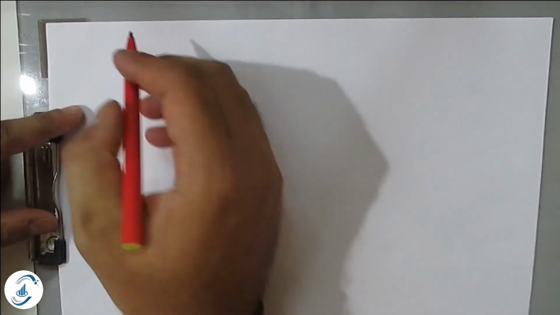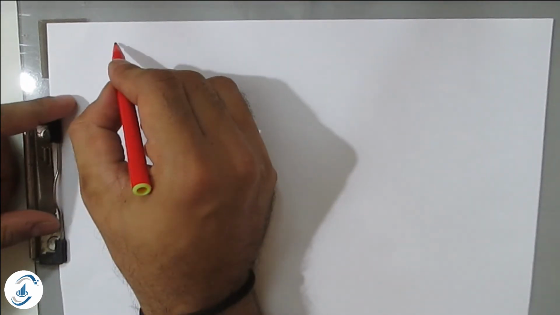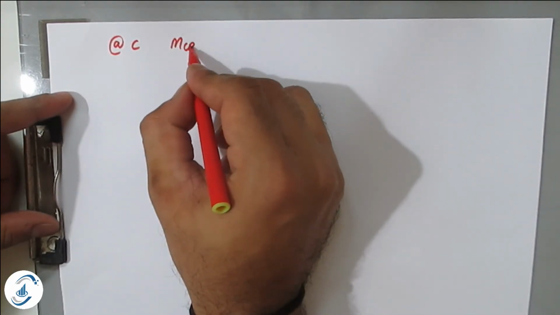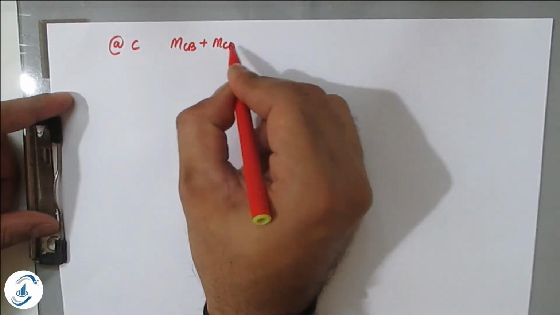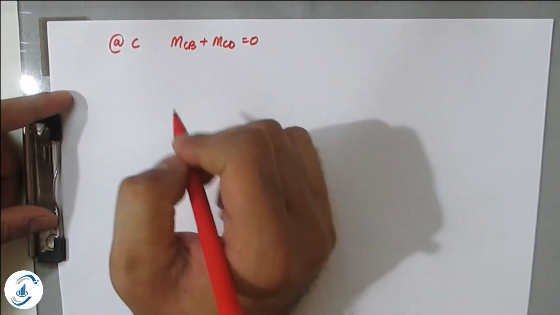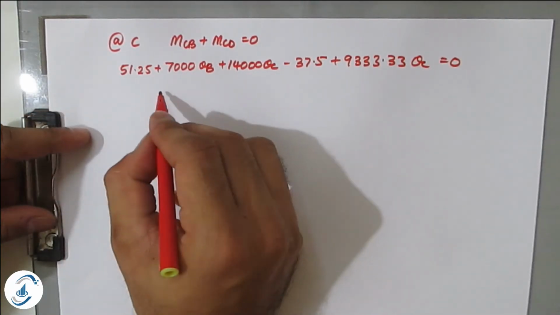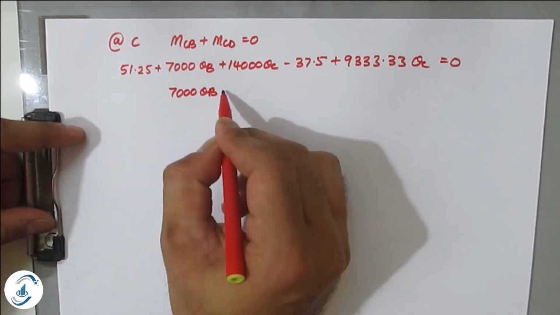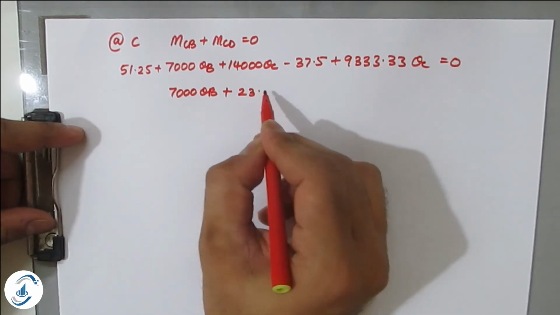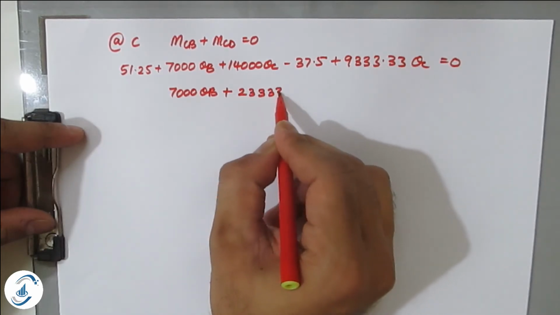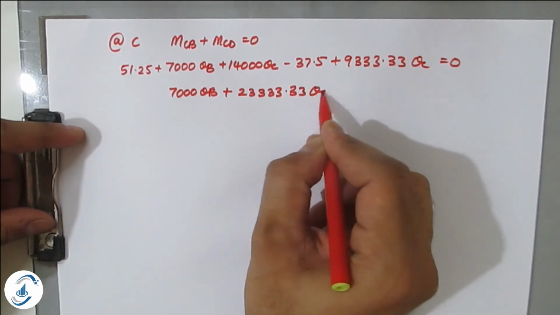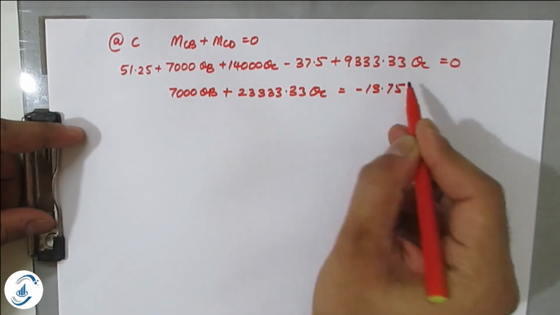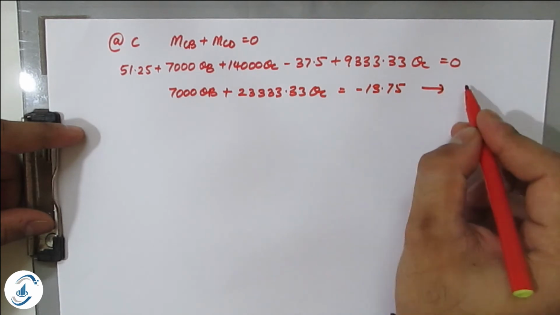So similarly, the equilibrium equation at C is MCB plus MCD is equal to 0. Once you rearrange all the terms, you will get the equation as 7000 theta B plus 23,333.33 theta C is equal to minus 13.75, and this will be equation number 8.